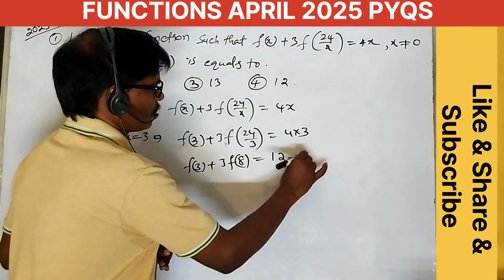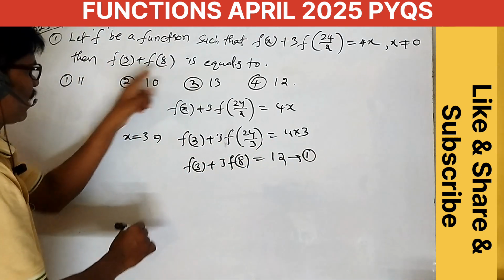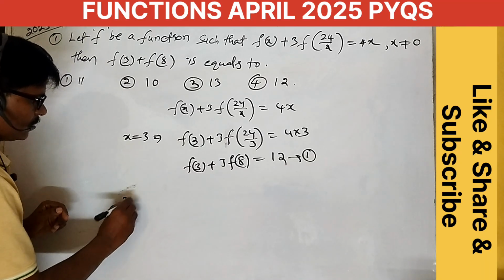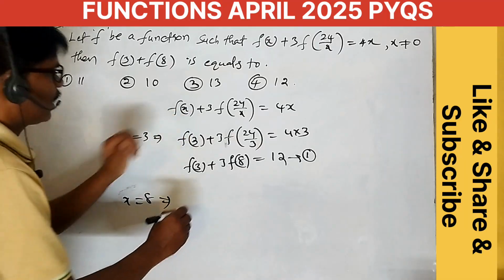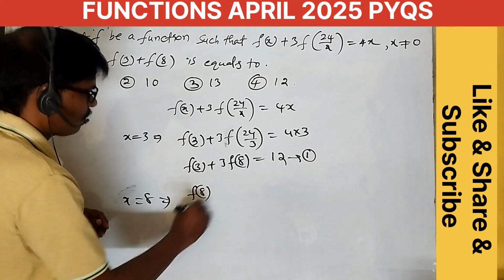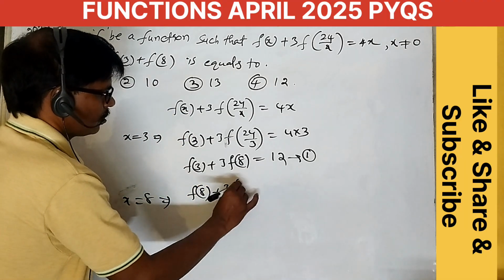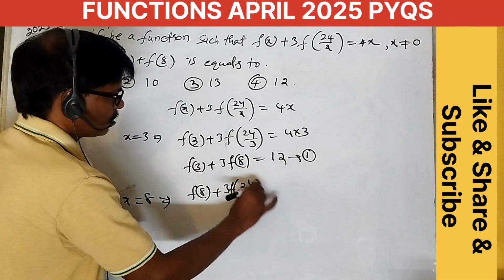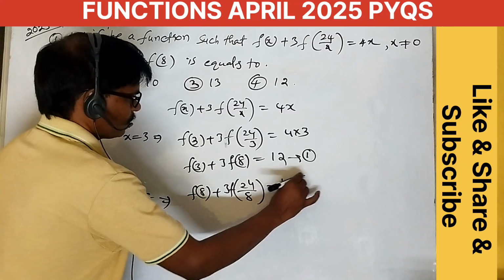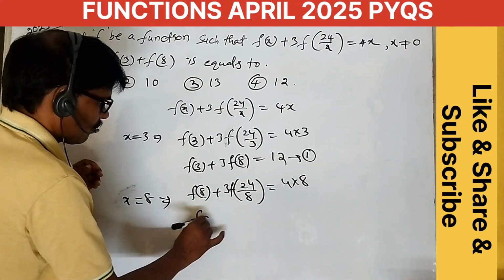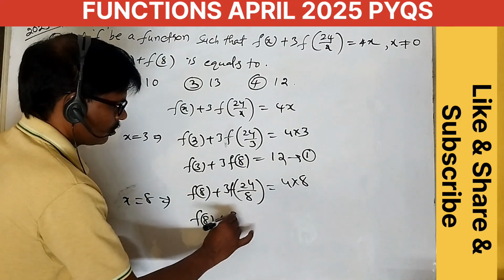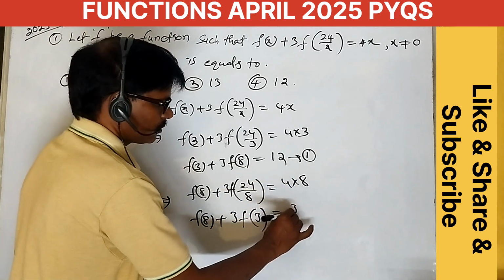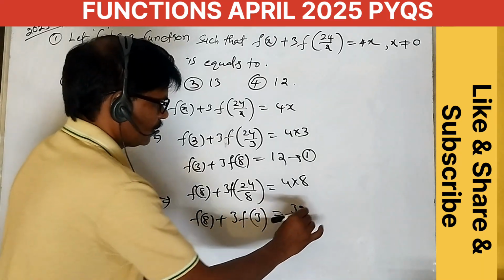This is equation 1. Next, put x is equal to 8. That implies f of 8 plus 3 into f of 24 by 8 equal to 4 into 8, so f of 8 plus 3 times f of 3 equal to 32. This is equation 2.